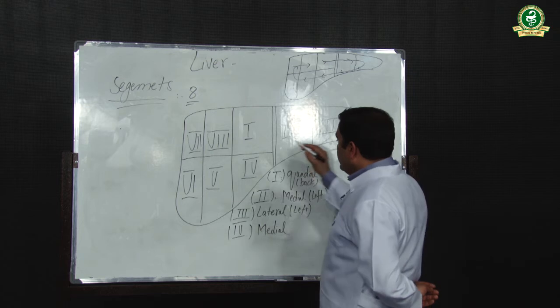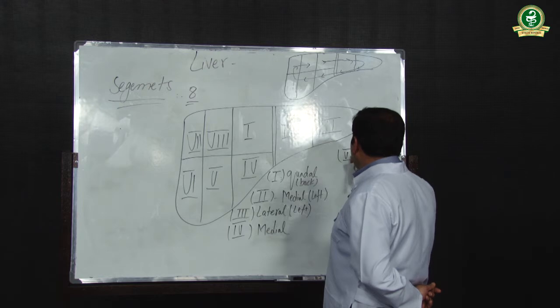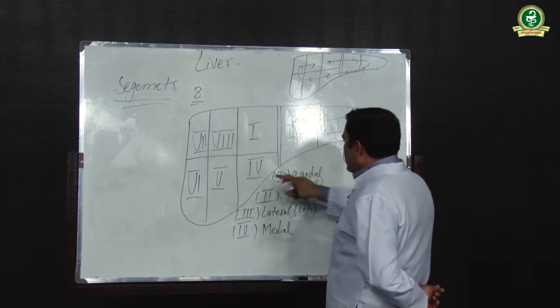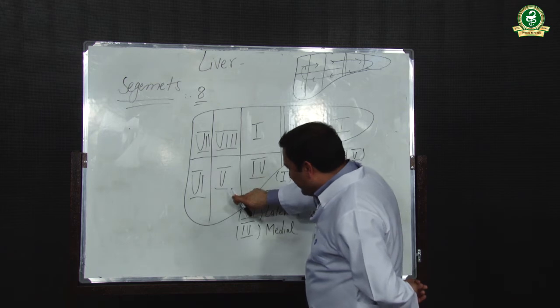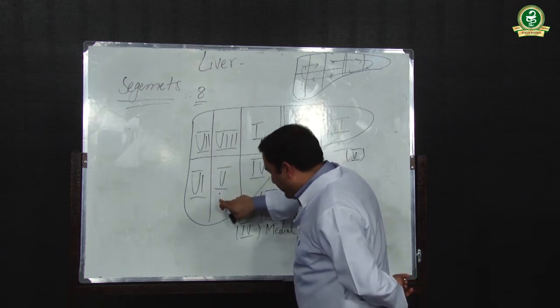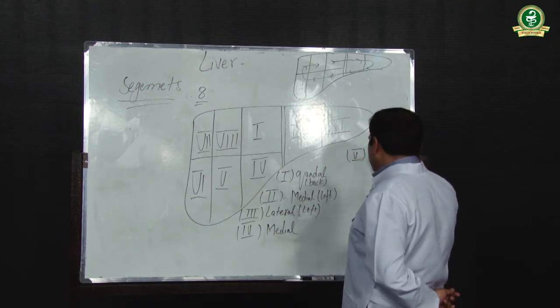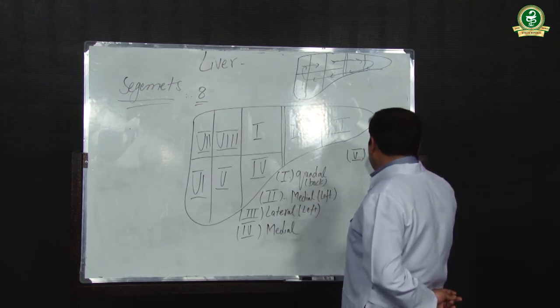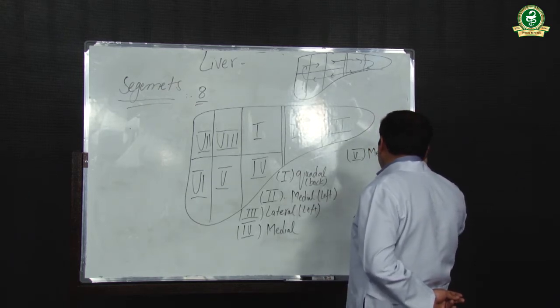Now the fifth lobe, on the inferior side, is also inferior. Its side is the right lobe, medial but inferior.